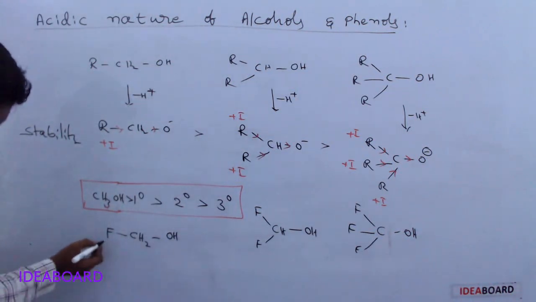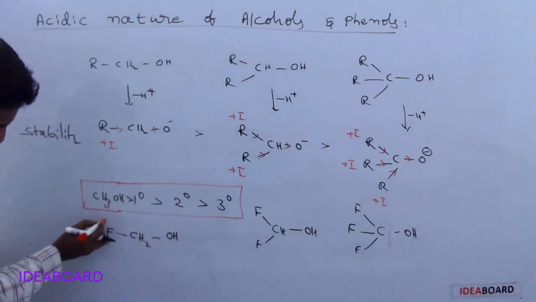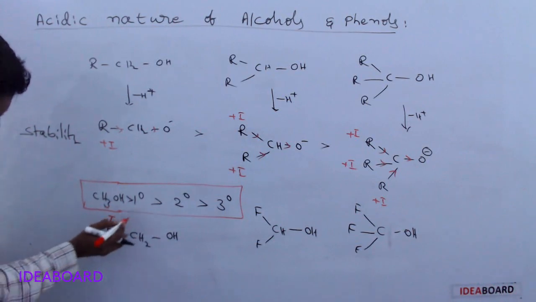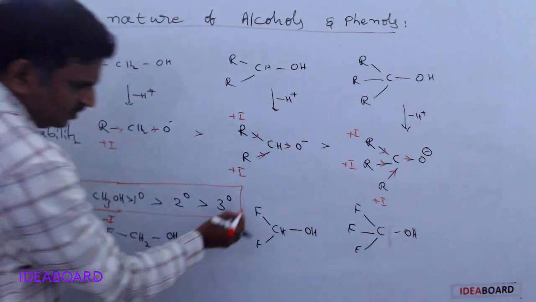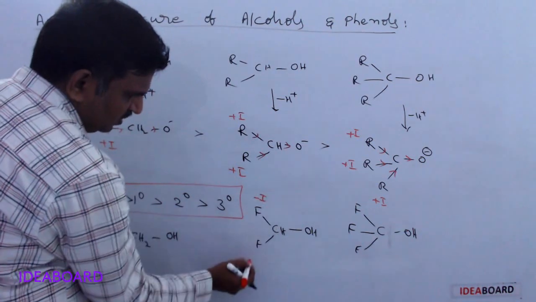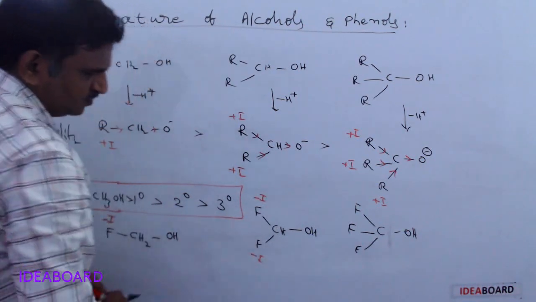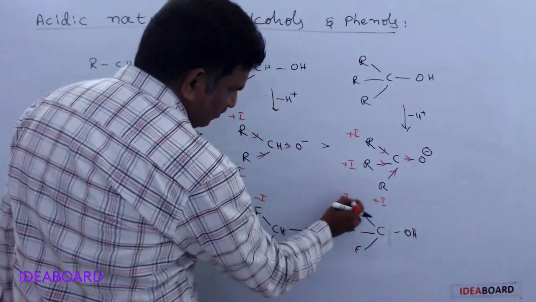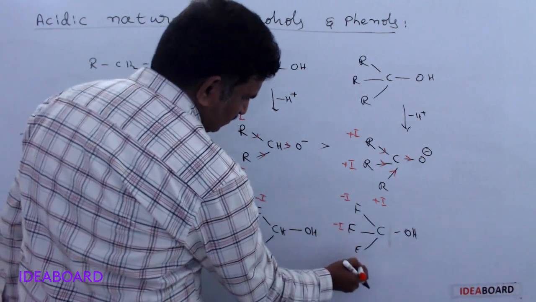See, what is this F group? This is a minus I group. Here there are two minus I groups, and here three minus I groups are present.